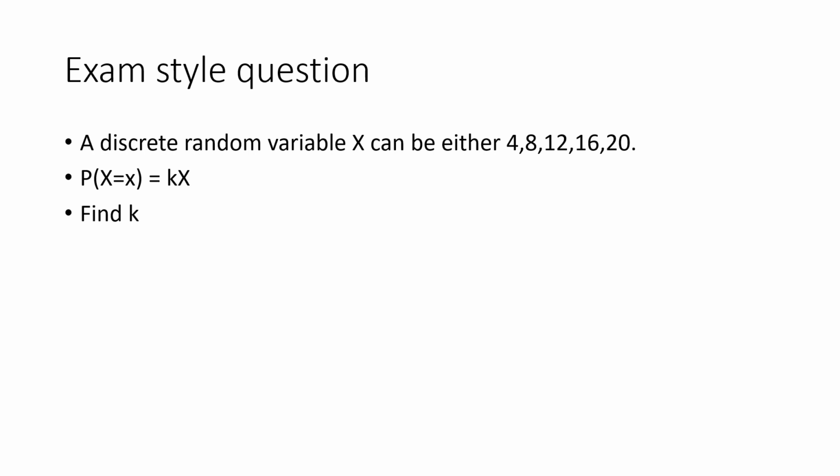Okay, so a discrete random variable x can be either 4, 8, 12, 16, or 20. The probability of that happening is equal to kx. Find k. Let's draw a probability distribution. X can be, as said, 4, 8, 12, 16, 20.